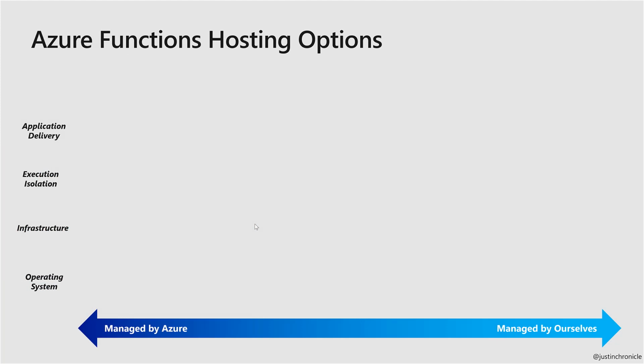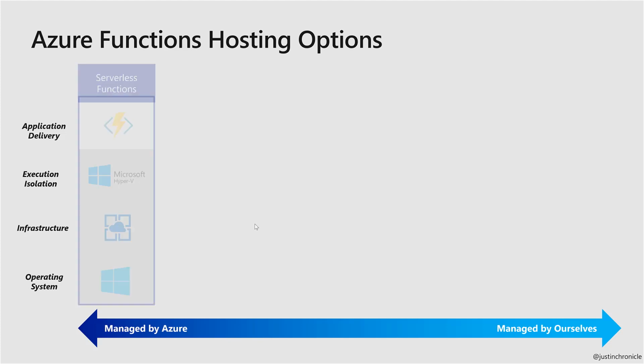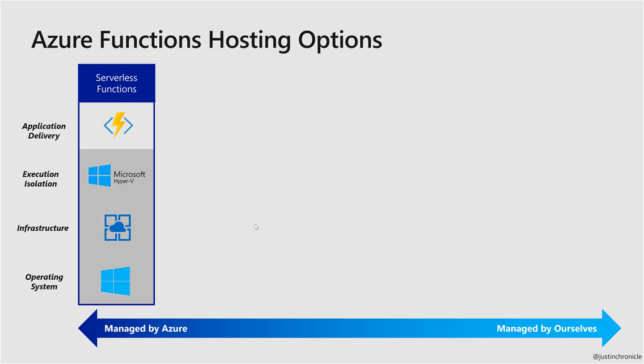So these are the Azure Functions hosting options. There are many of them. On the left-hand side, it is mainly managed by Azure, and the right-hand side is mainly managed by us. The first option would be the typical serverless function. The gray area is managed by Azure, and the white area is done by us, so we only take care of the code side.